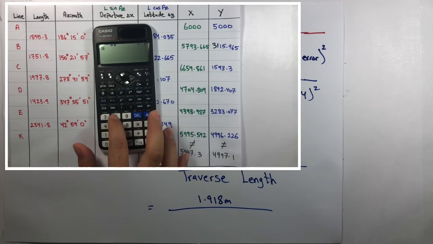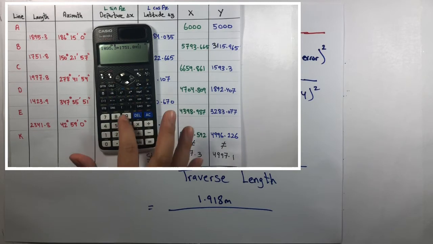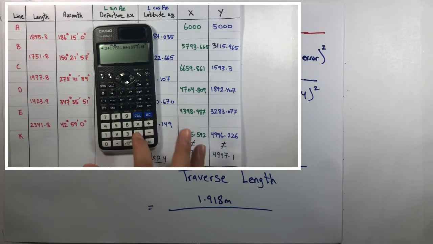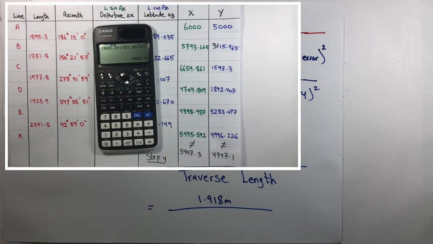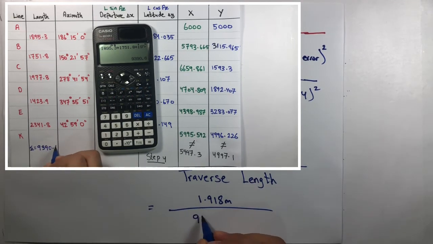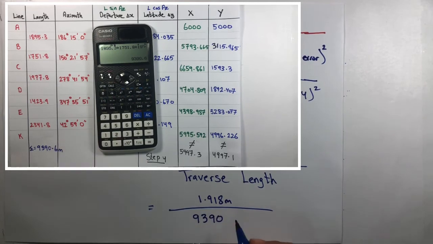We have 1895.3 plus 1751.8 plus 1977.8 plus 1423.9 plus 2341.8. The total length of our traverse will be 9390.6 meters.